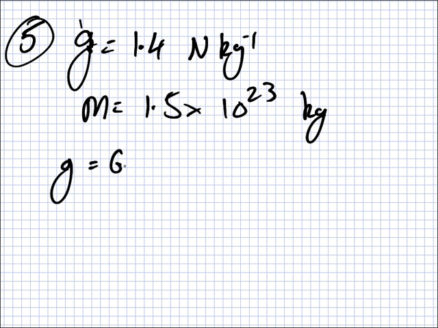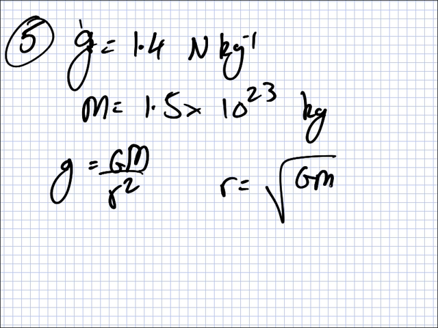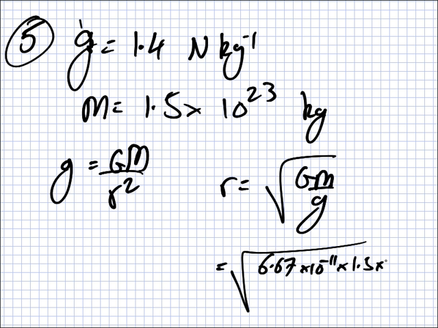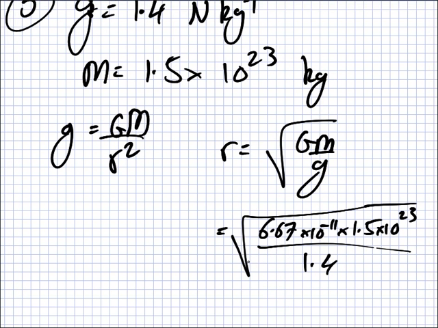So that's using this formula. R is root GM over g. So that's root 6.67 times 10 to the minus 11 times 1.5 times 10 to the 23 over 1.4. So if you bash that in, let's see what we get.